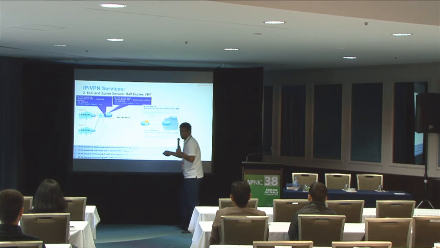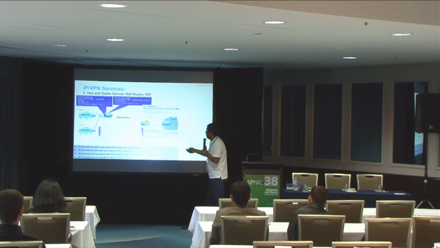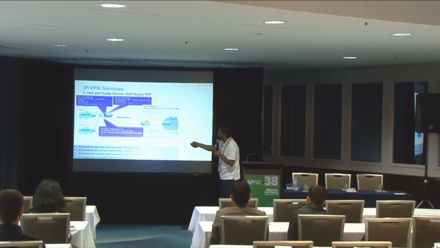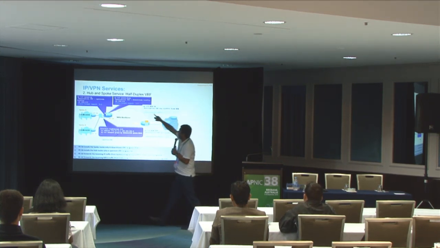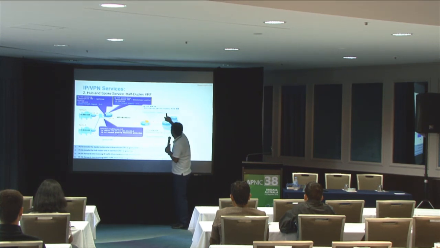All the prefixes from the customers are sent to the export. So on VRF down, we are sending the export statement, and when that prefix is sent from this VRF all the way to the other side, on this side we are using the import statement. So what we are exporting on the down VRF, we are importing here.